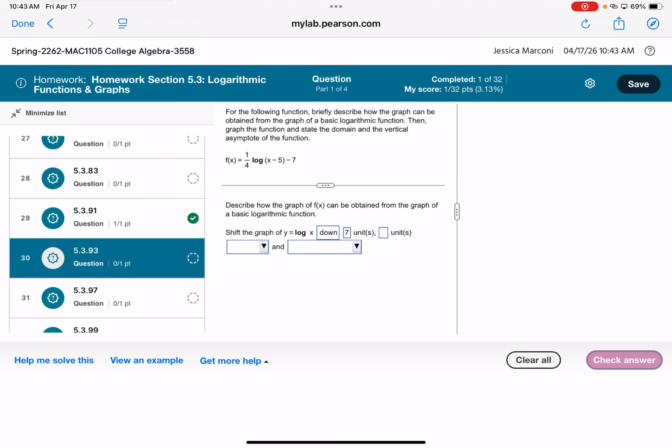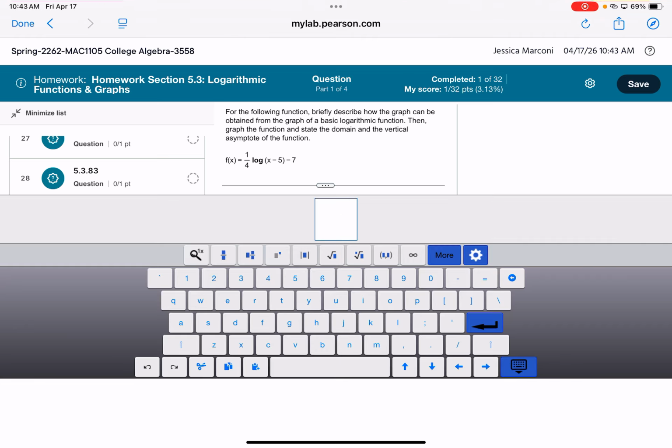Okay, and then so many units blank. So this is talking about the horizontal shift, which is the minus 5. And because it's horizontal, it's always backwards. So if it's subtracting, it's going to go to the right. And that will be 5 there.